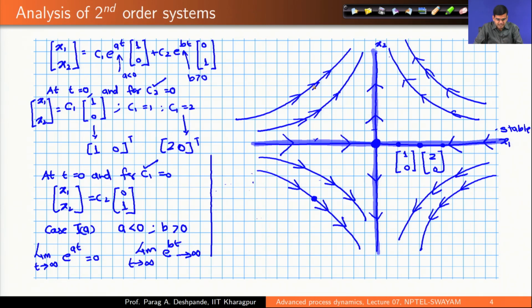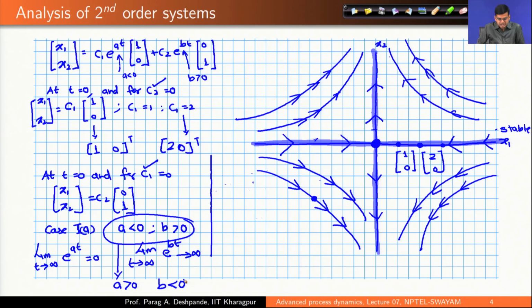Now, imagine a case where instead of this, we wrote a greater than 0 and b less than 0. I have the exact opposite case. What is going to happen in that case?